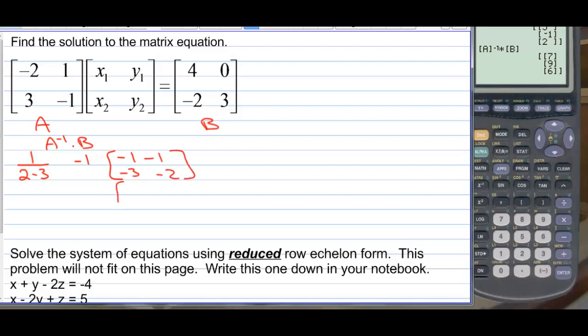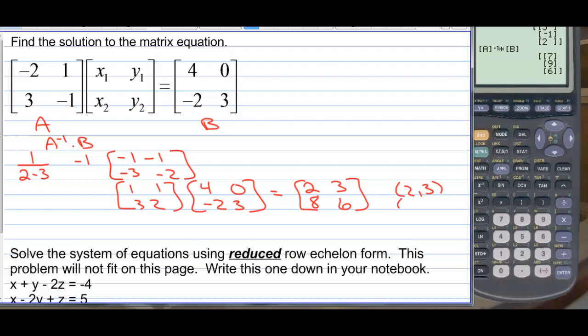So we can write that as 1, 1, 3, 2, and then times 4, 0, negative 2, 3, which is equal to 4 minus 2 is 2, 0 plus 3 is 3, 12 minus 4 is 8, and 0 plus 6 is 6. We have the point 2, 3 for x1, y1, and we have 8, 6 for x2, y2.